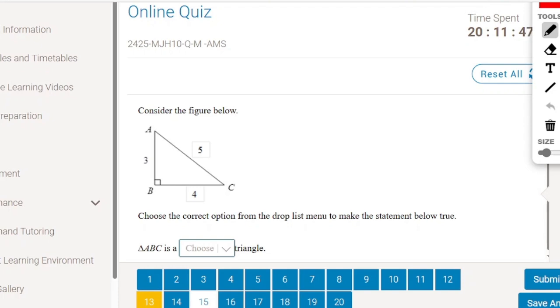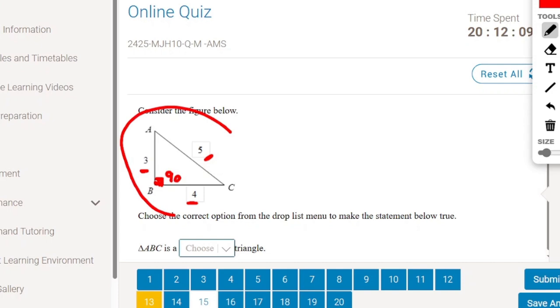Consider the figure below. We have this triangle with different lengths. This side is 3, this side is 4, and this side is 5. So choose the correct option from the drop-down list to make the assessment below. Here inside the triangle we have this angle which is 90, a right angle.